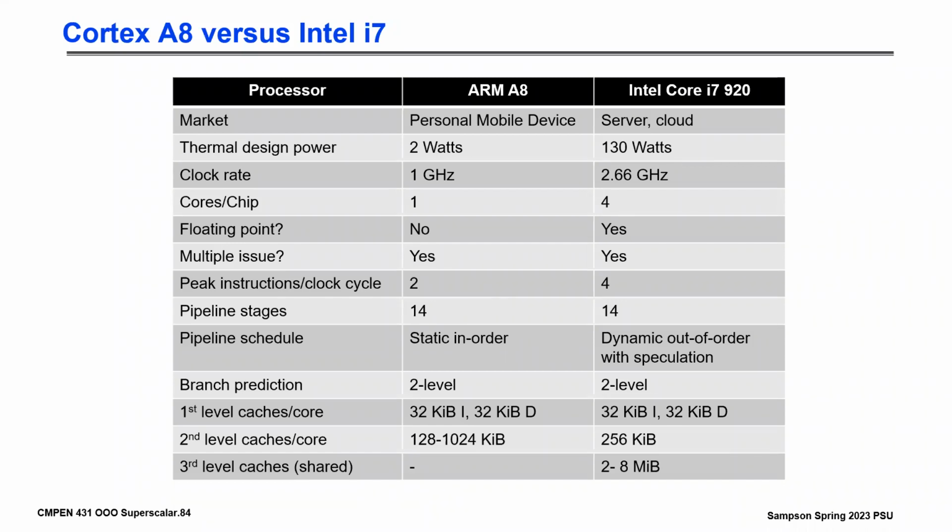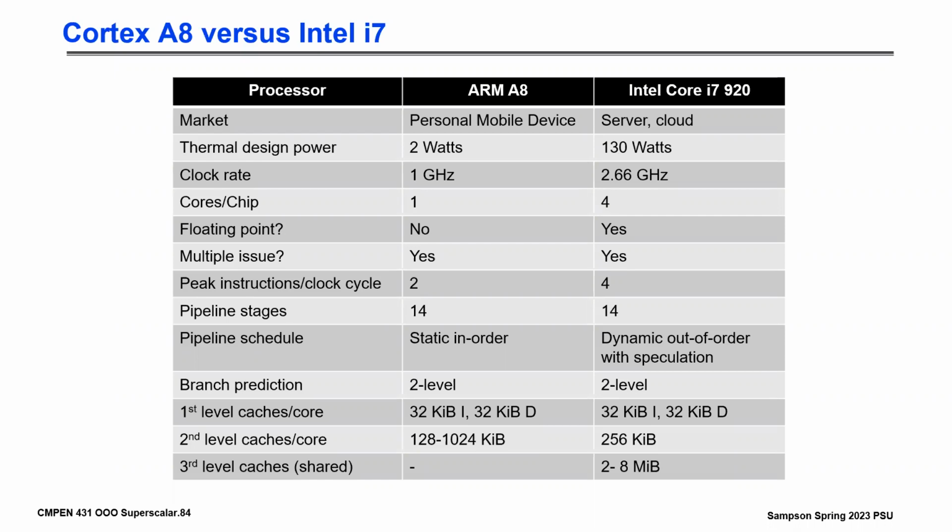Now, again, these are older machines, but they were of the same day, and they're going to give you the right insight about some of these costs. Here was that ARM A8 we saw in static scheduled in order. It's a nice, simple little two wide processor that at 1 gigahertz ran at 2 watts. Not apples to oranges, but here was a comparable Intel design, many generations old, but same ideas.